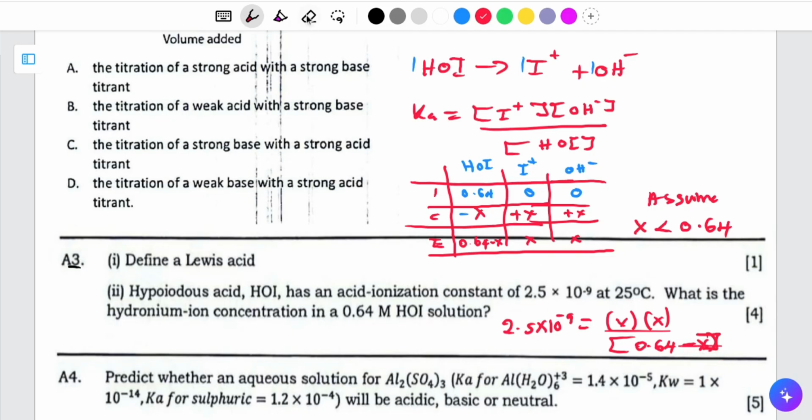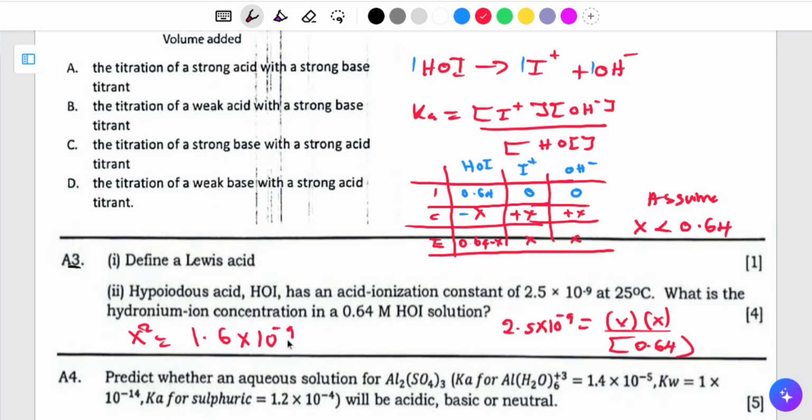The reason is very simple. If we assume that x is less than 0.64, it is not going to cause any effect when we do the calculations here. So x multiplied by x is x squared. Let me just do the multiplication here: the exponent negatives, then multiply by 0.64. So here I'm having 1.6 multiplied by 10 to the power negative 9.